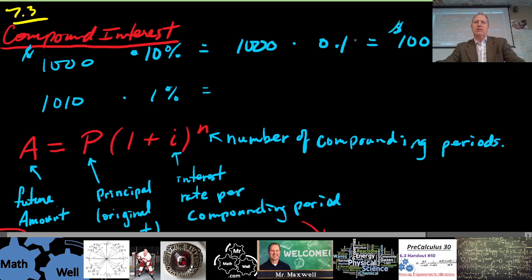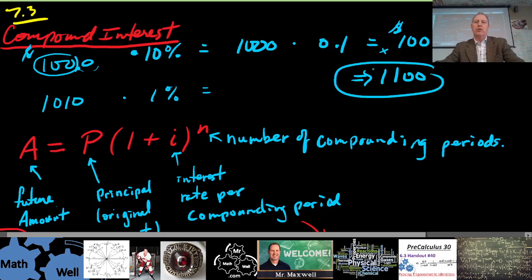Does that make sense? That's 10% of 1,000. So if you got 10% interest over a certain amount of time, you would add $100, and so your total would be $1,100. That would be your new total, with the calculated interest.